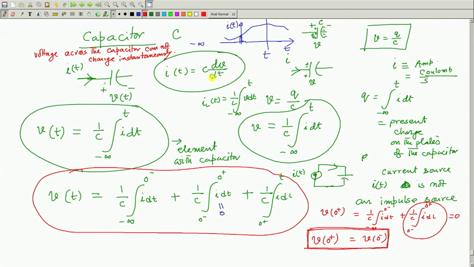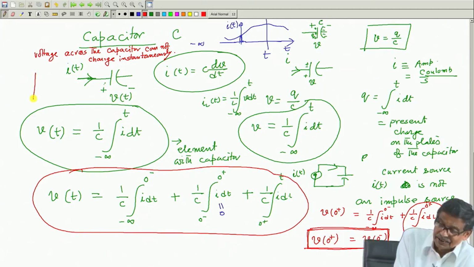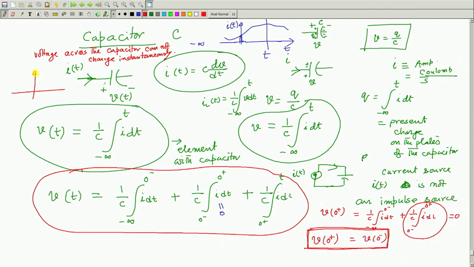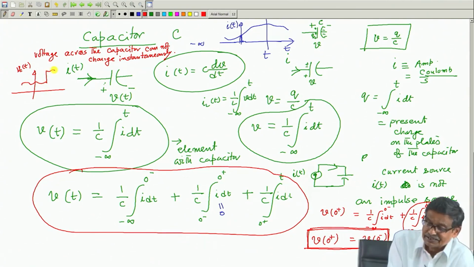It means the capacitor voltage VC(t), if I write the voltage across the capacitor, it will never have a sudden jump. It cannot do like this. A sudden jump cannot happen.